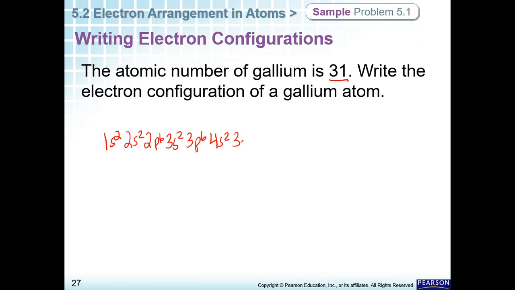Then we have 3d. Now d's, if we remember, can hold 10, but if not, you can go and count. Let's make sure I didn't go over 31: 2, 4, 10, 12, 18, 20, 30. So I'm at 30, but I need 31, so I have to keep going past 3d10.